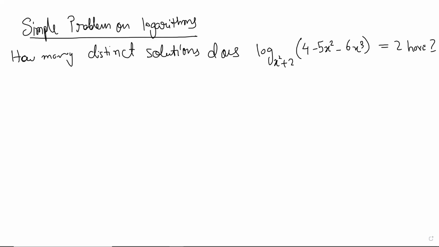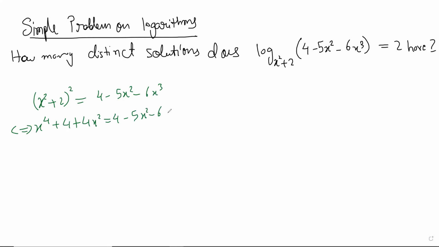What should be, in general, the first step naturally? Yes, right. By the very definition, we get this, and then we need to simply solve this. Has anybody solved this? Now this is a 4-degree equation.